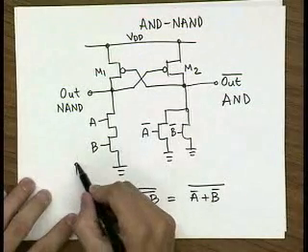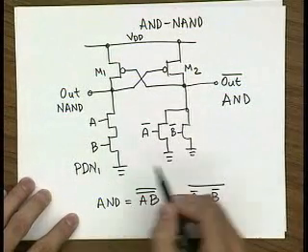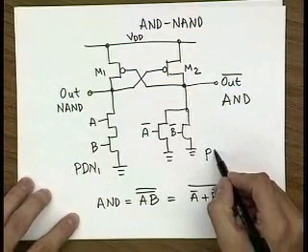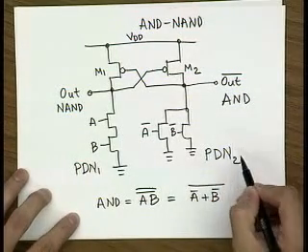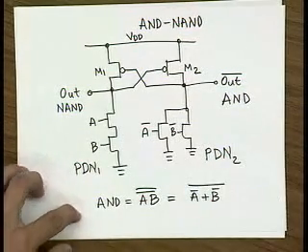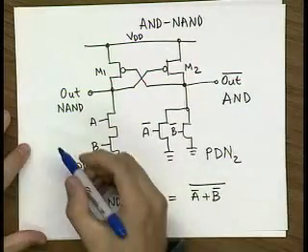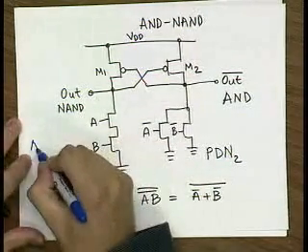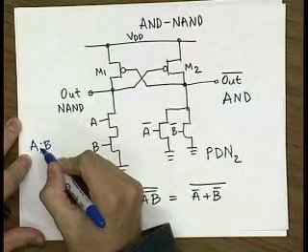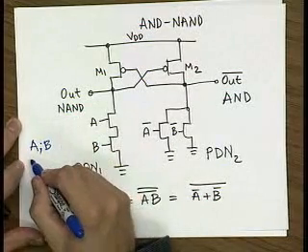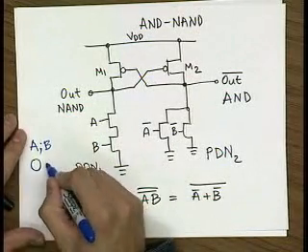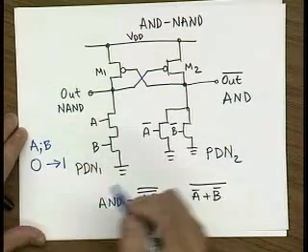So this is your pull-down network, and this is your mutually exclusive pull-down network. So now let's assume that both inputs A and B go from 0 to 1.